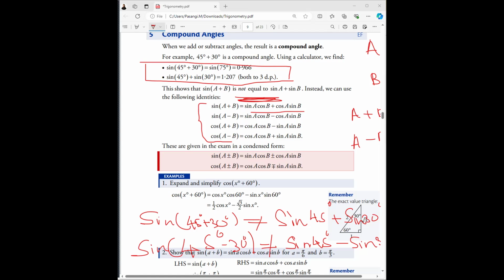These are the two sine compound angles. Then we have the cos one.